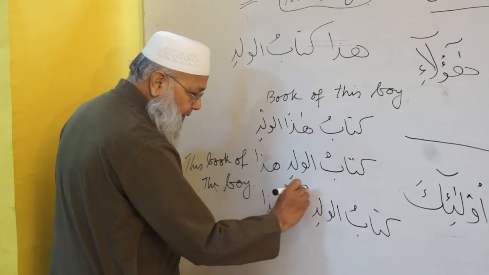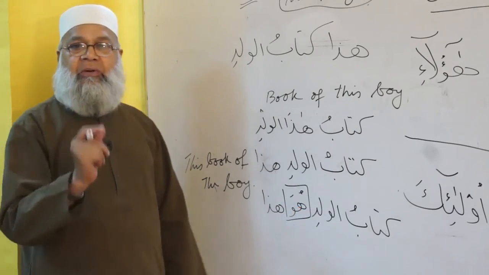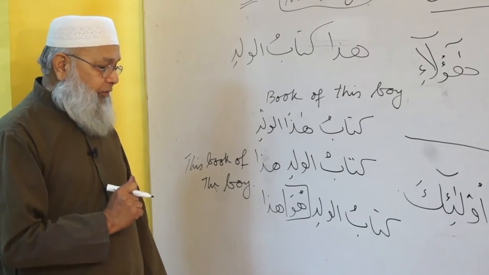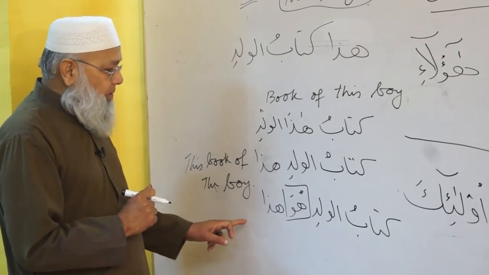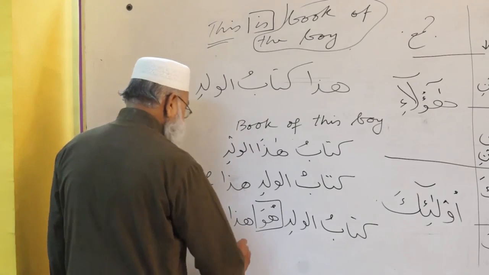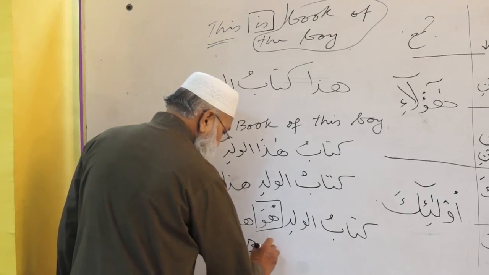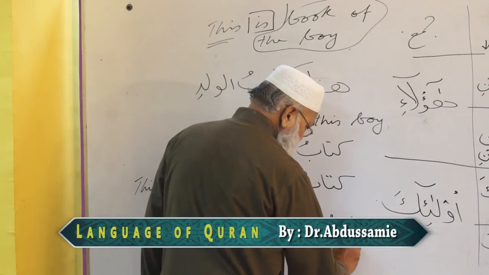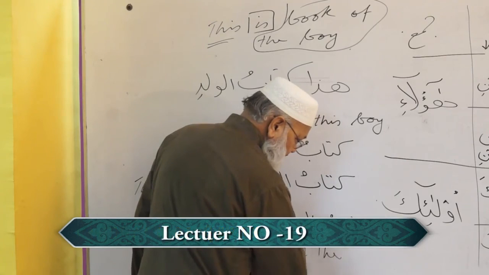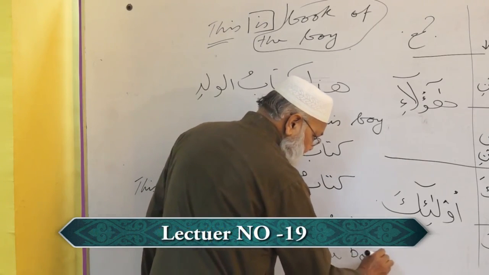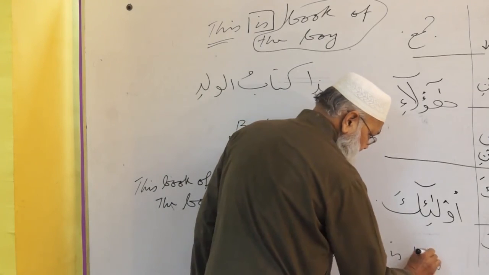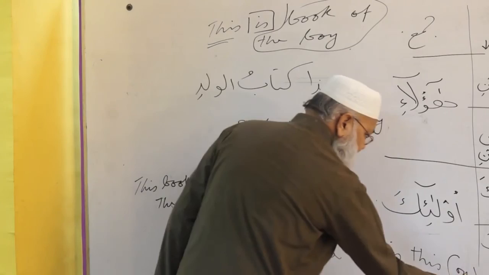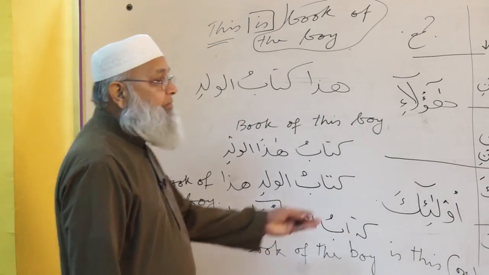Huwa actually is a pronoun of singular masculine in the rafa form. So, Kitabul Waladi huwa hadha. This will be translated as book of the boy is this one. This is a complete sentence now.